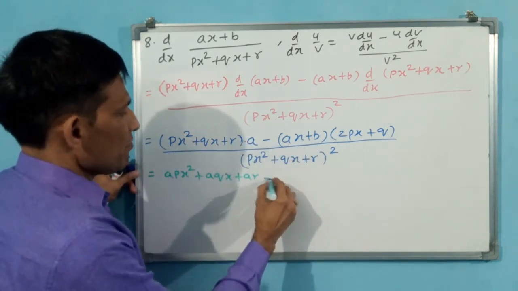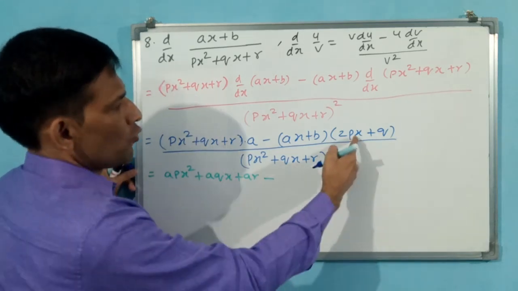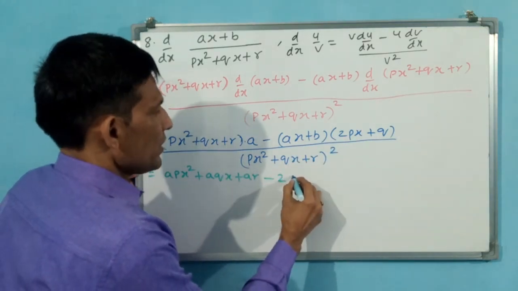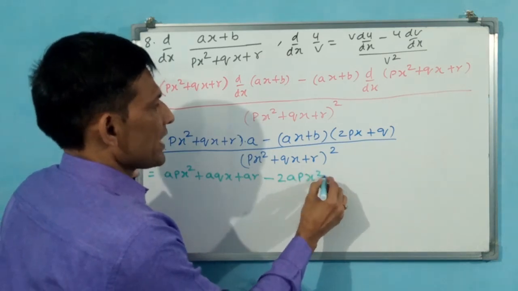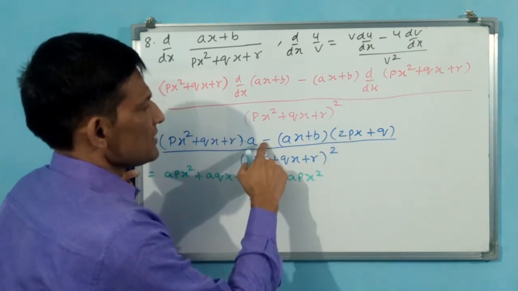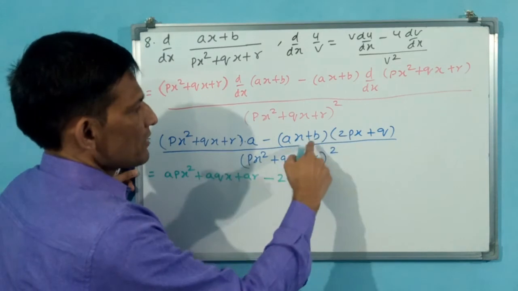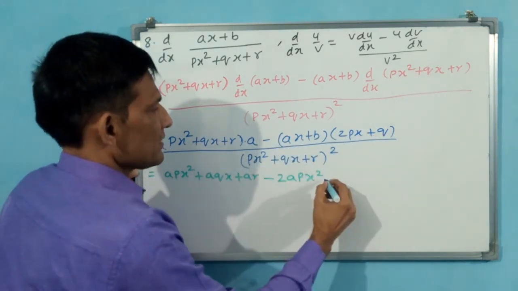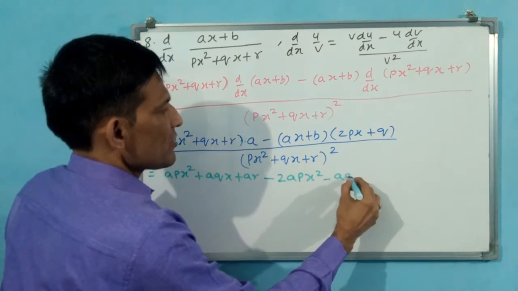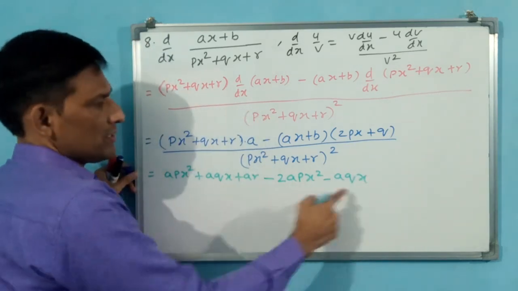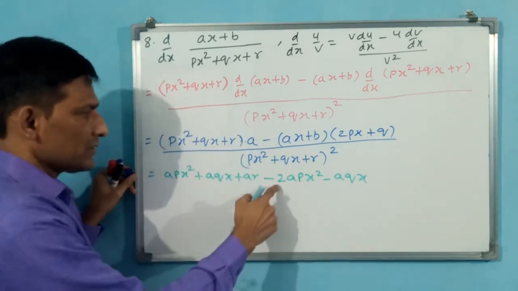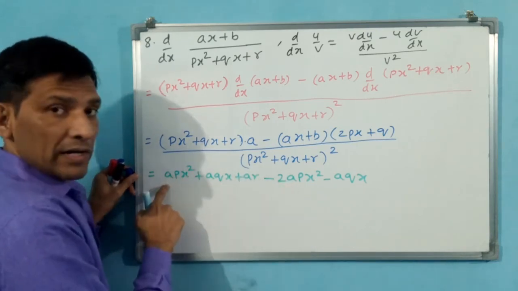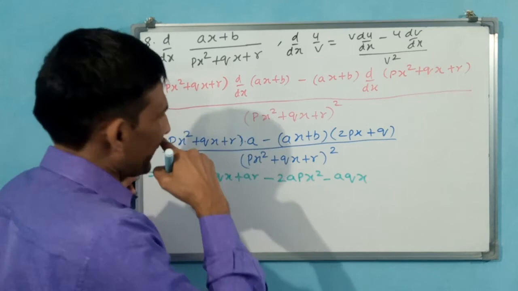Here also you see minus 2px into ax, 2apx square, this is minus only. Again ax into q, aqx, but minus. Minus aqx. You see here plus and minus aqx are going to get cancelled. Here also apx square, but 2 and 1, that is why you have to expand this.